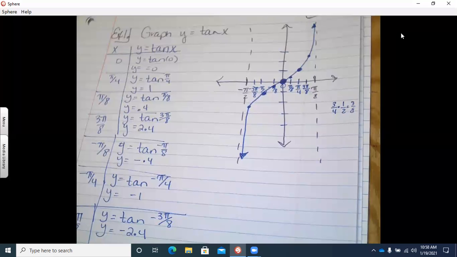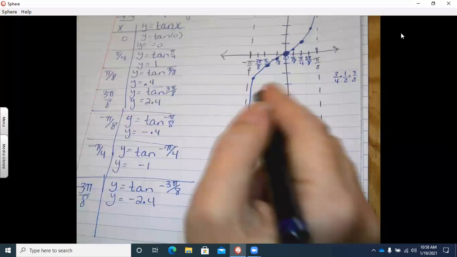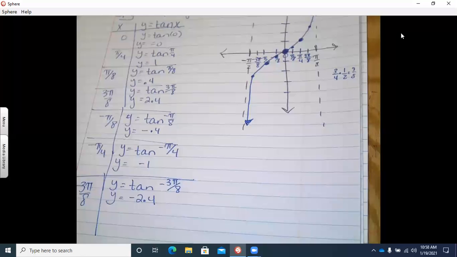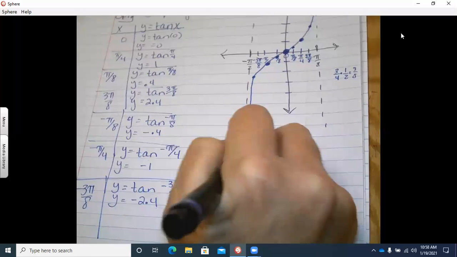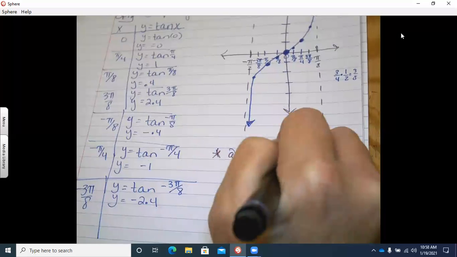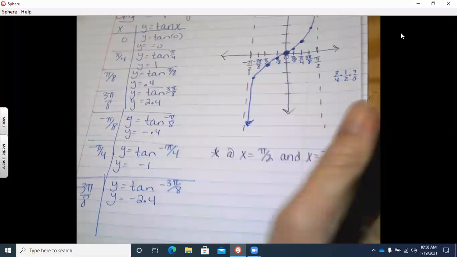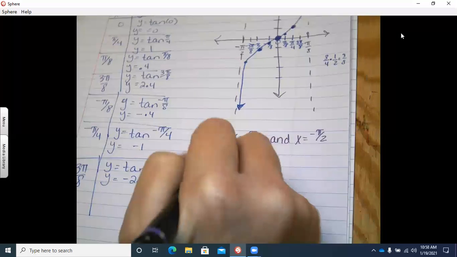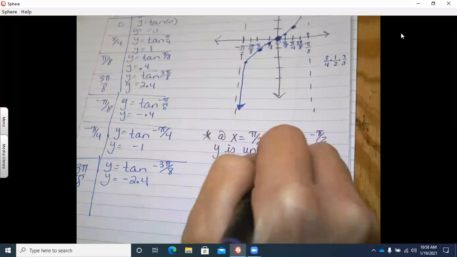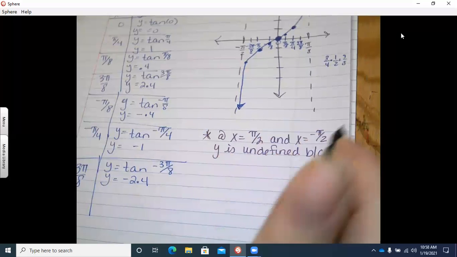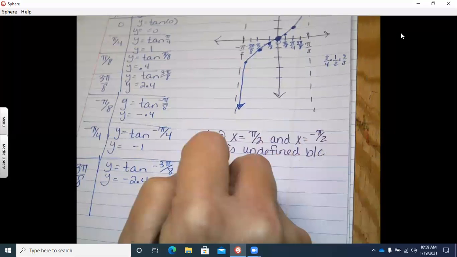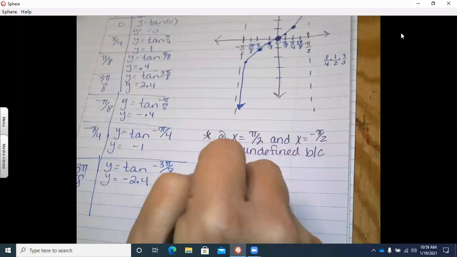So let me just write a few things. I'm just going to point out at x equals pi halves and x equals negative pi halves, y is undefined because those are asymptotes.